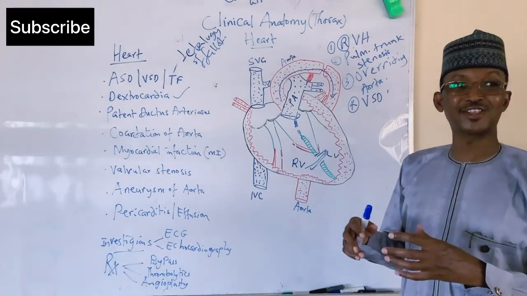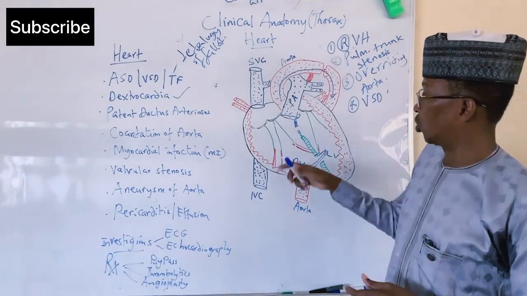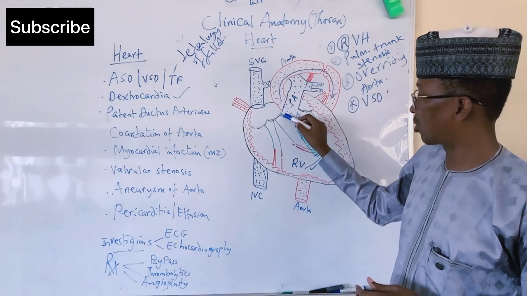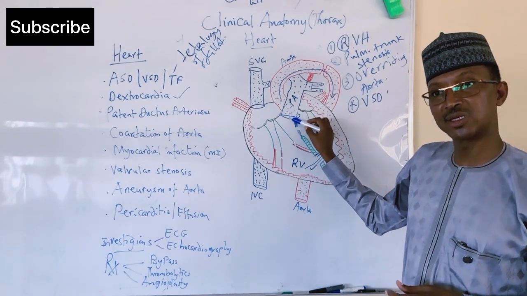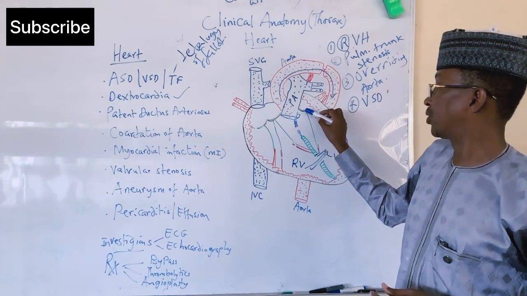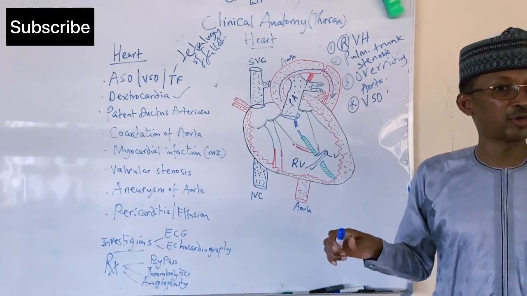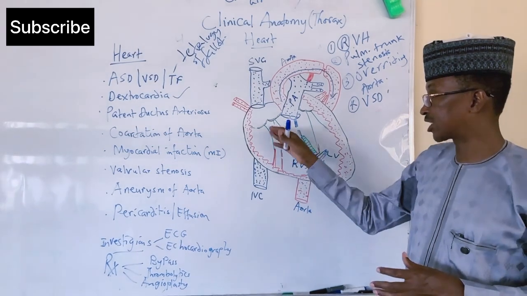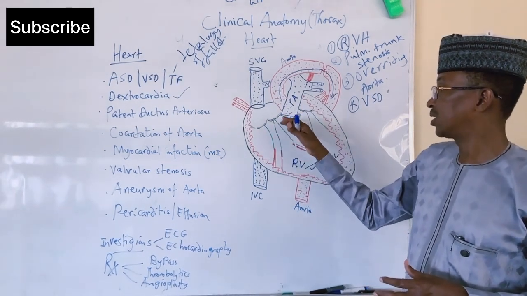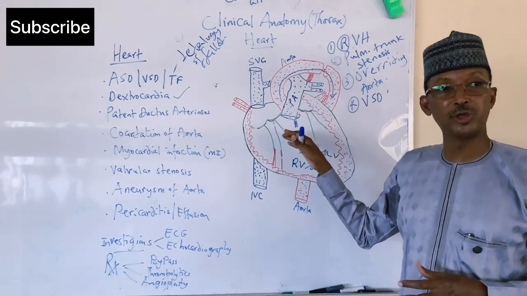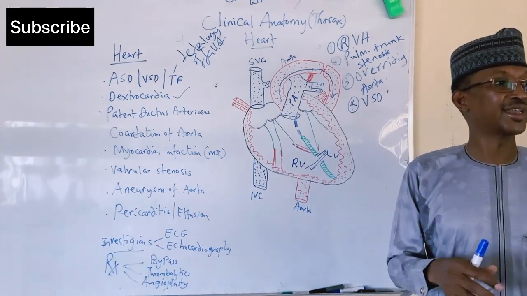These valves can get stenosed. So also the pulmonary trunk has valves in it, and the aorta also has valves in it. Any of them, either the tricuspid, the bicuspid, the valves of the aorta, or that of the pulmonary trunk, can get stenosed.